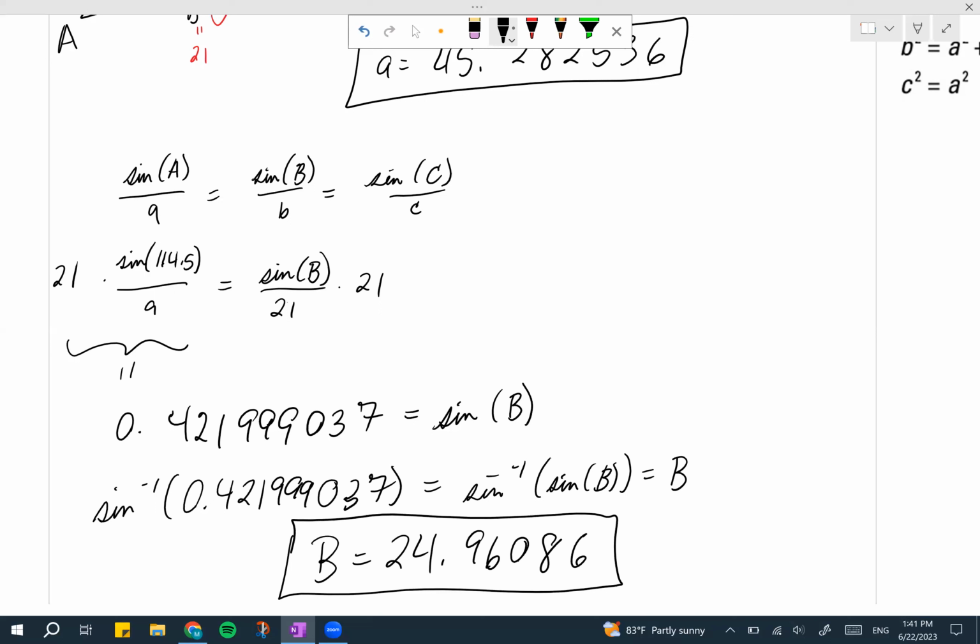Now that I have big B and I already know what my big A is, I can find out my big C by remembering that A plus B plus C is equal to 180, where these are the angles of a triangle.